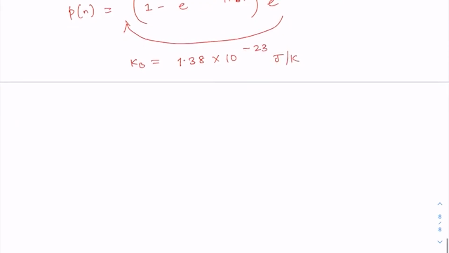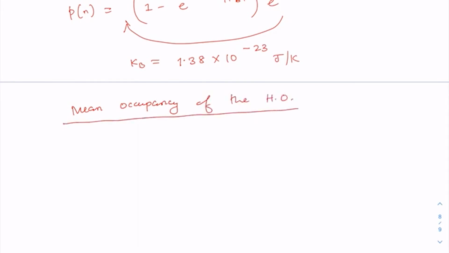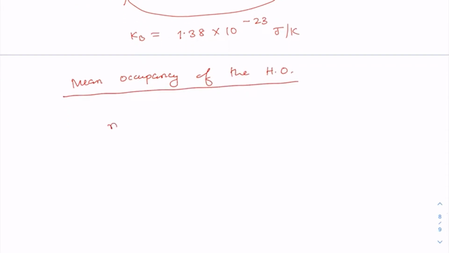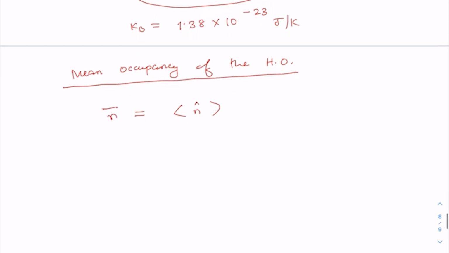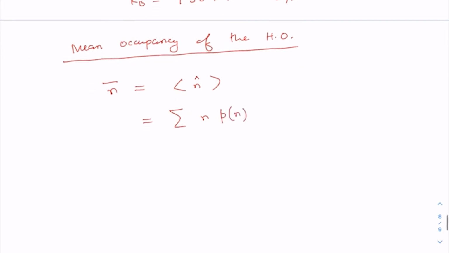Now using this, I can easily find out the mean occupancy of the oscillator, of the harmonic oscillator. That is, I just have to find out the average number of quanta, and we just have to calculate the expectation value of this number operator, or I can just calculate this quantity n into the probability Pn.